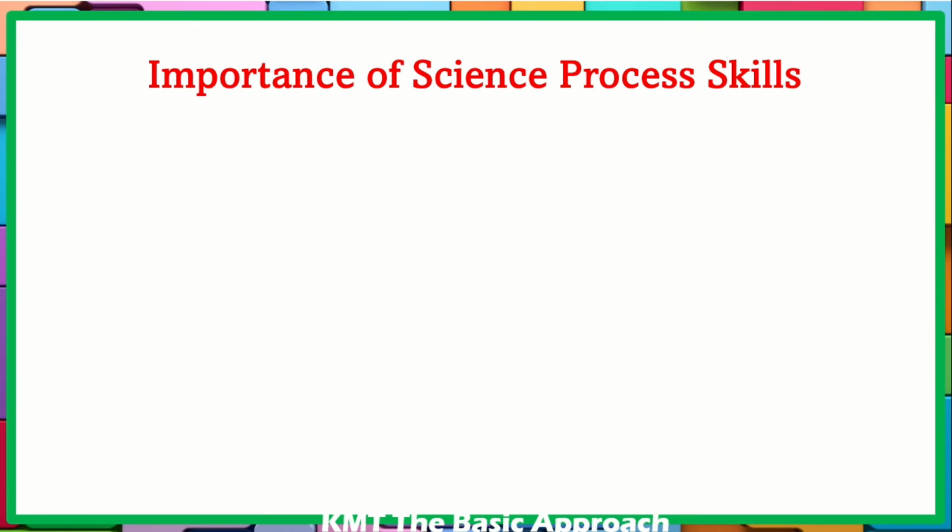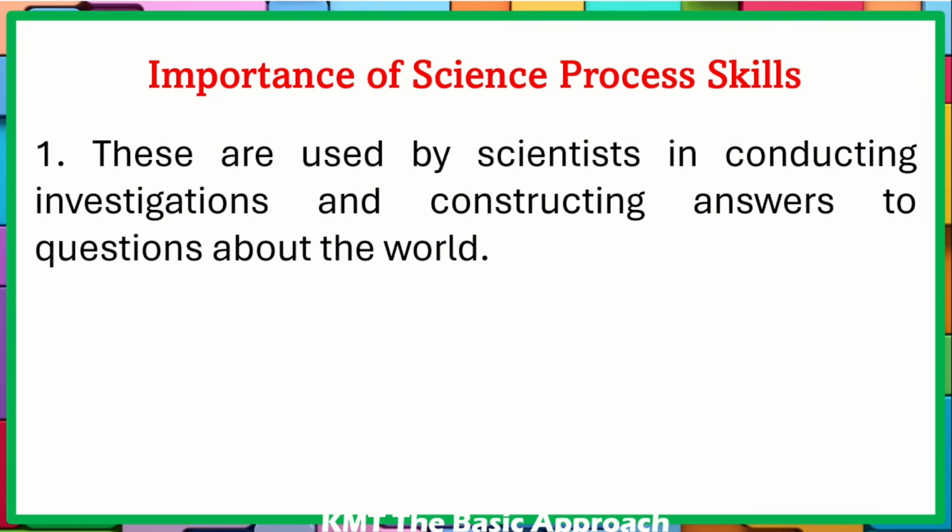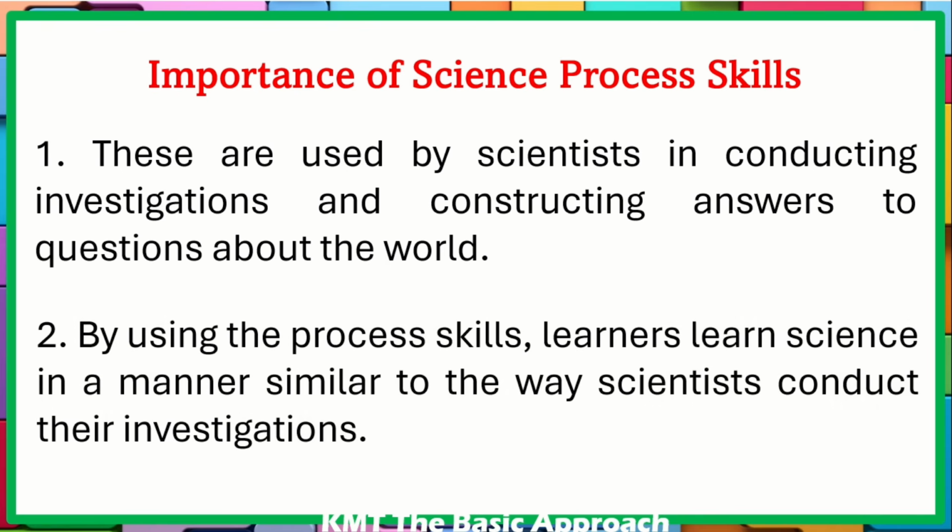Importance of science process skills. Number 1. These are used by scientists in conducting investigations and constructing answers to questions about the world. Number 2. By using the process skills, learners learn science in a manner similar to the way scientists conduct their investigations.